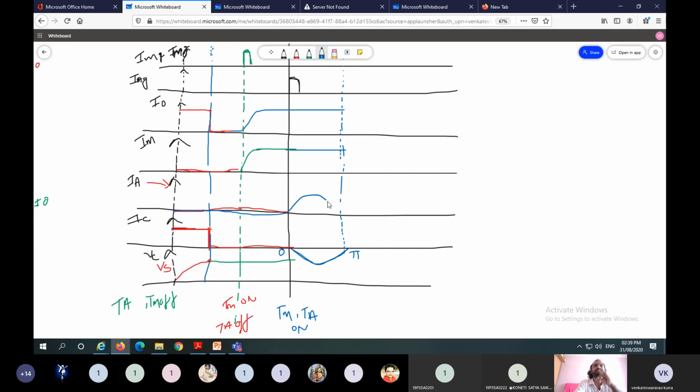This one is the auxiliary thyristor current. Here the capacitor current becomes zero after omega t equals 0, so the auxiliary thyristor current also becomes 0. This is one more intermediate state, between 0 and this one, which is 90 degrees.